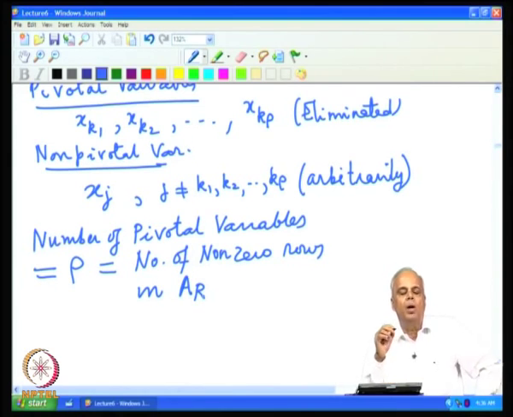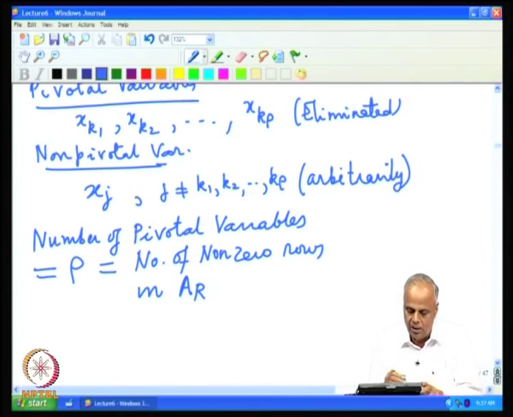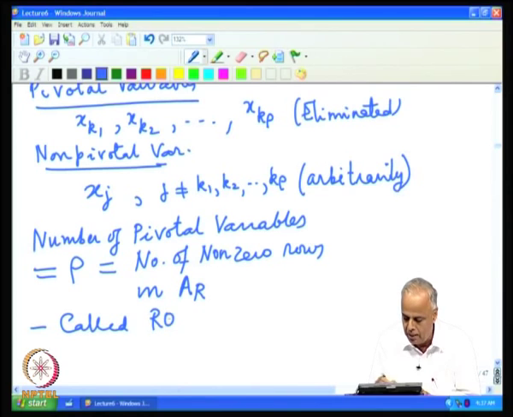The number of non-zero rows in the row reduced echelon form of the matrix is the same as the number of pivotal variables, and that is denoted by rho, and this number is called the row rank of the matrix A.